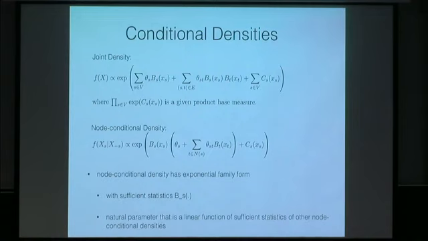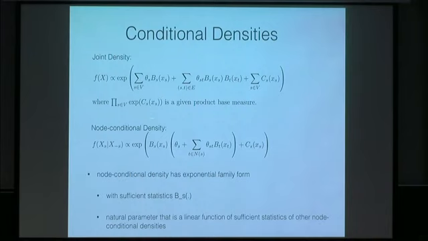So overall, the set of parameters correspond to some scalars, theta s, theta st, and so on, as well as these node-wise functions. That's why this is a non-parametric problem, because these are functions lying in some function spaces. This is with respect to some base measure, where I'm assuming a product base measure that's given to us.